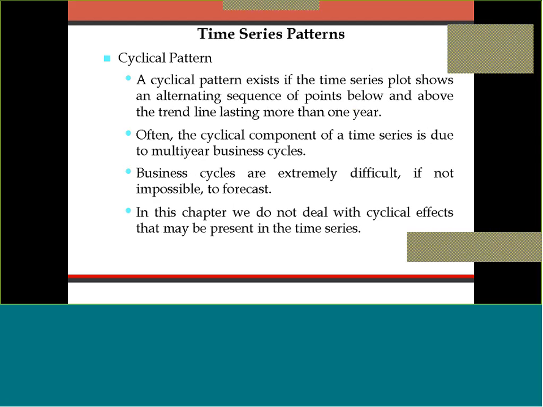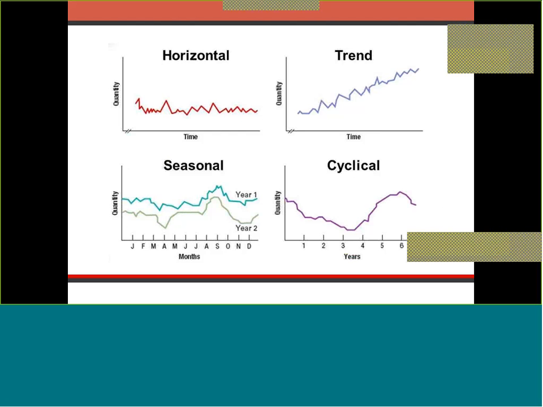So in this chapter, we do not deal with cyclical effects that may be present in the time series. We are only dealing with horizontal patterns, trend patterns, and seasonal patterns. Sometimes maybe trend and seasonal, but not cyclic. If you go to the graph, horizontal pattern means fluctuating around the mean of the variable.